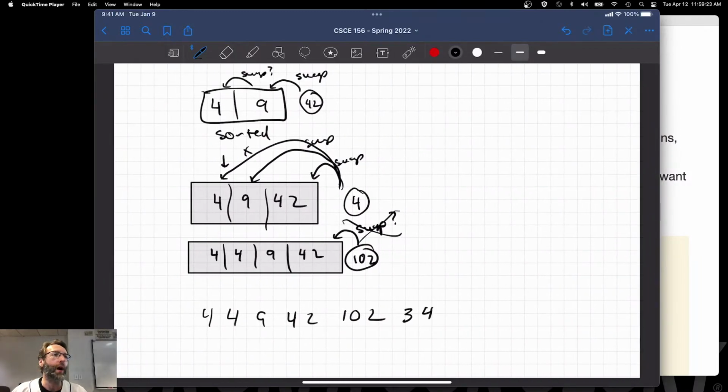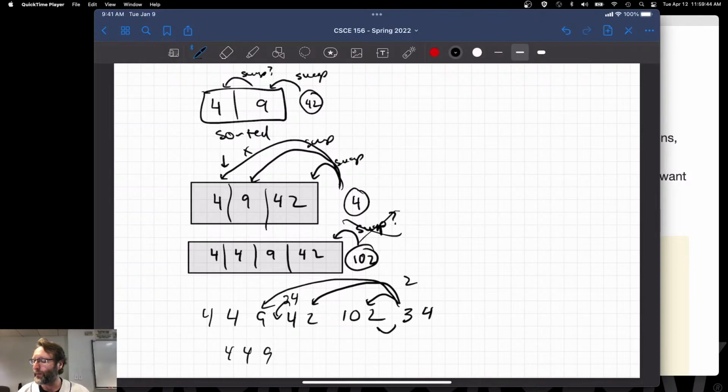So how many swaps or how many comparisons am I going to make here? 1 to see that it needs to be swapped with 102. Another one, 2, to see that it needs to be swapped with 42. And then 3 to see that 34 belongs right here and it should be inserted right here. So I end up with 4, 4, 9, 34, 42, 102, right? With only 3 comparisons.